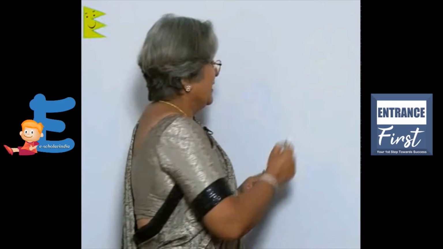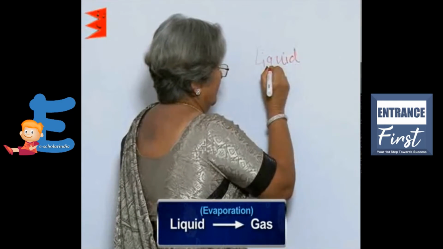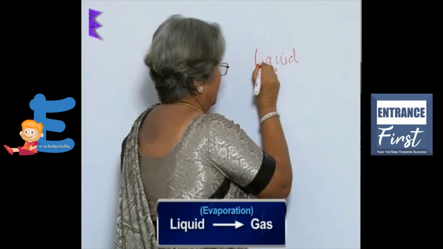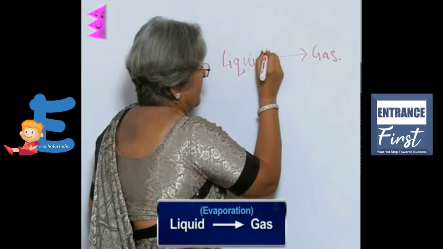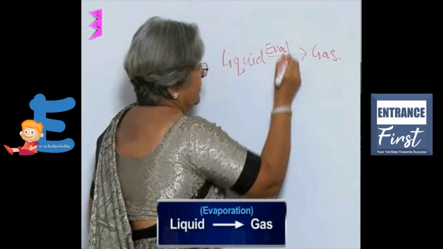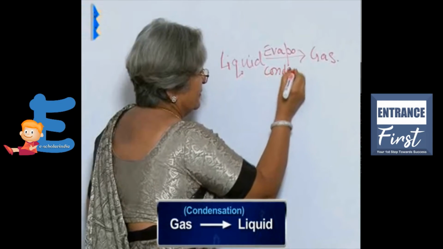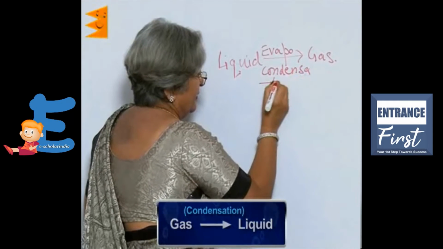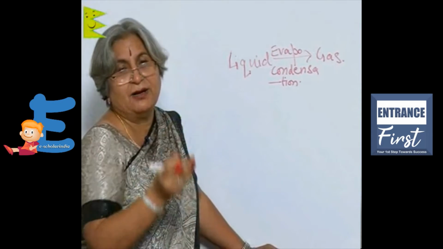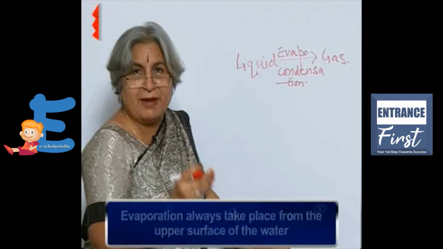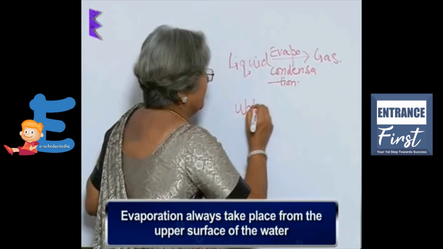So another thing is that liquid to gas is evaporation, and gas back to liquid is condensation, and the water cycle is nothing but a cycle of evaporation and condensation. So evaporation always takes place, but it takes place from the upper surface.